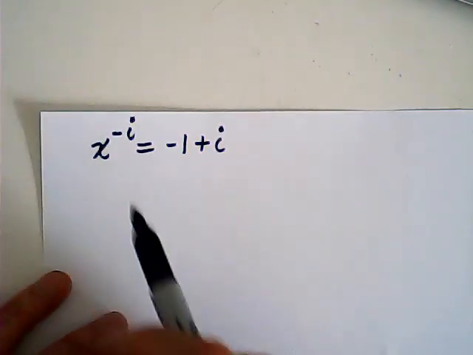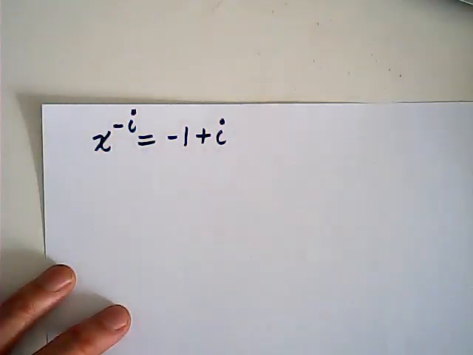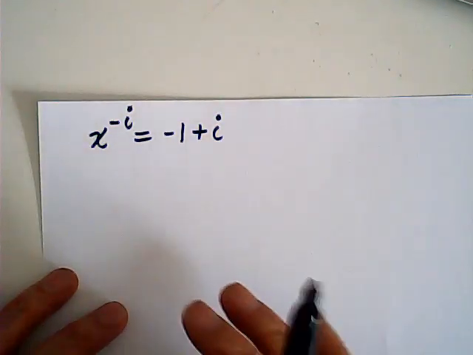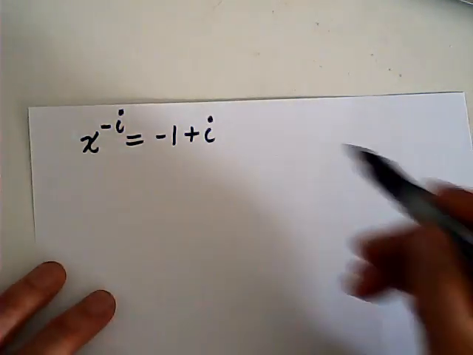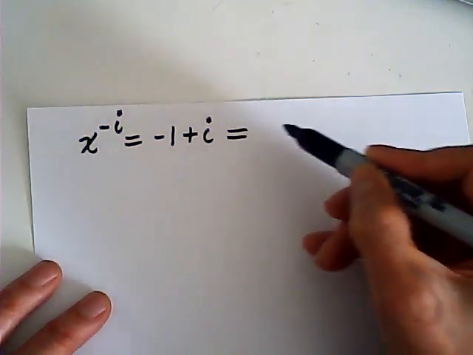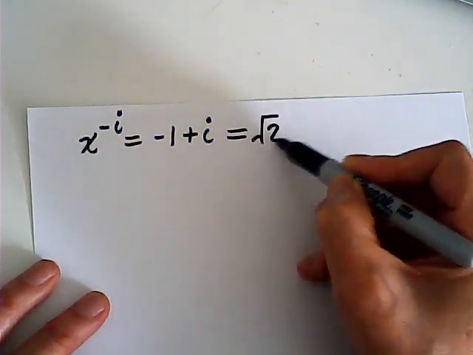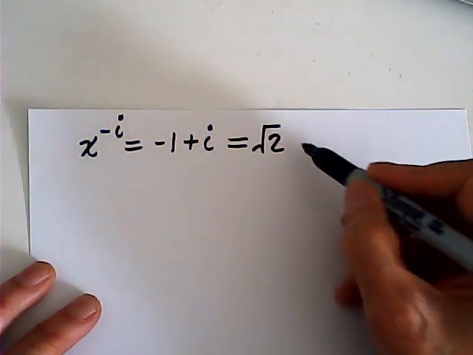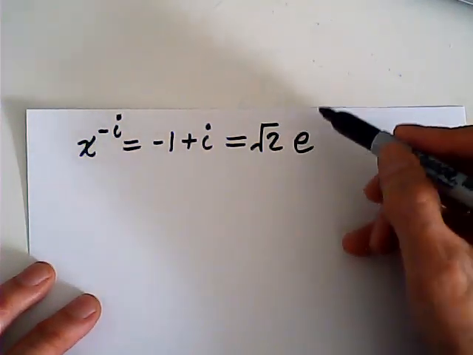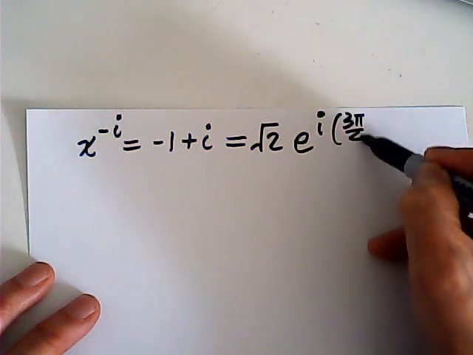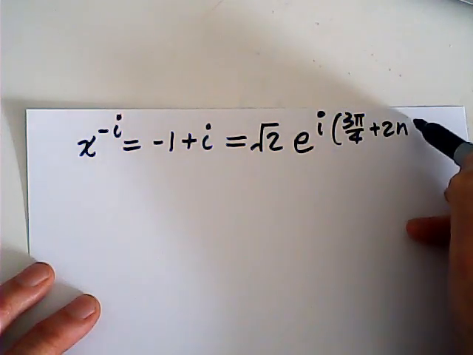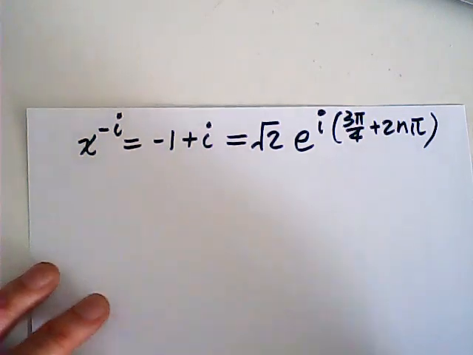The second question, this one, is a little different, but there's some similarity, right? Because this one is as we did. This is equal to square root 2 times e to the i, 3 pi over 4 plus 2n pi, right?